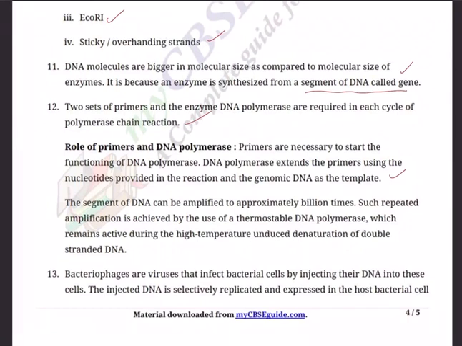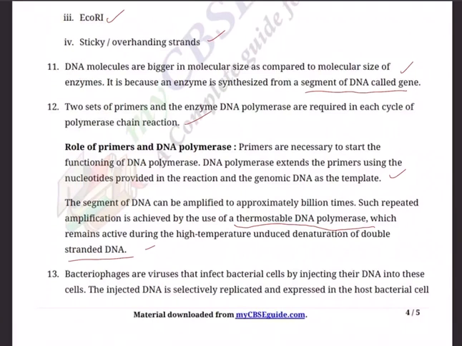The segment of DNA can be amplified to approximately a billion times. Such repeated amplification is achieved by the use of thermostable DNA polymerase, which remains active during high temperature induced denaturation of dsDNA, double-stranded DNA.